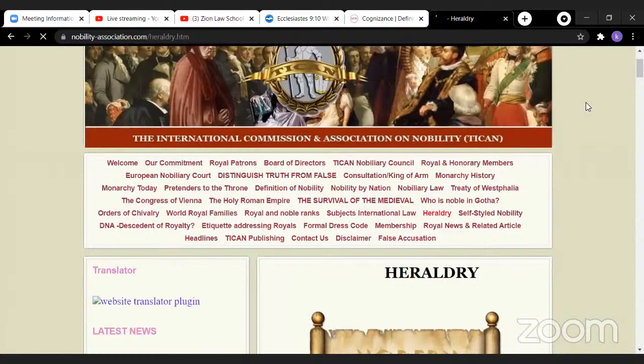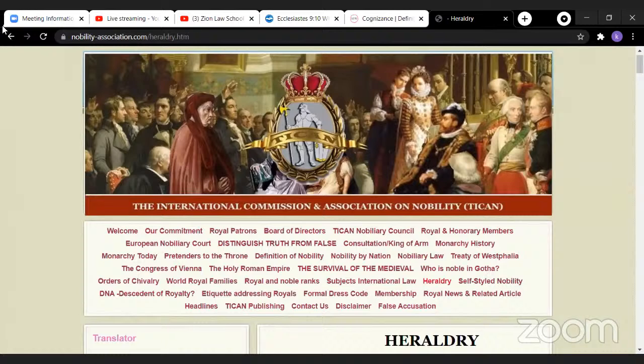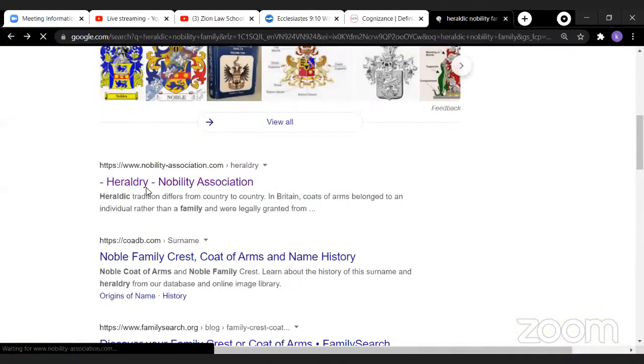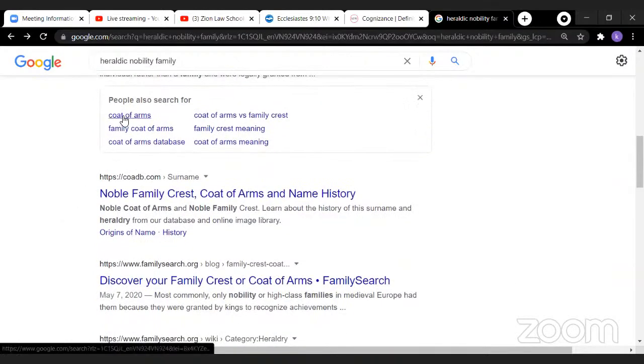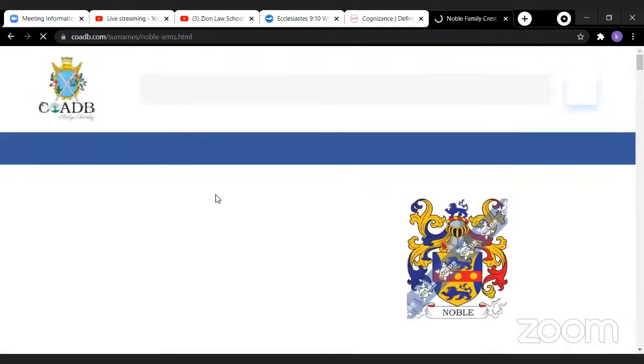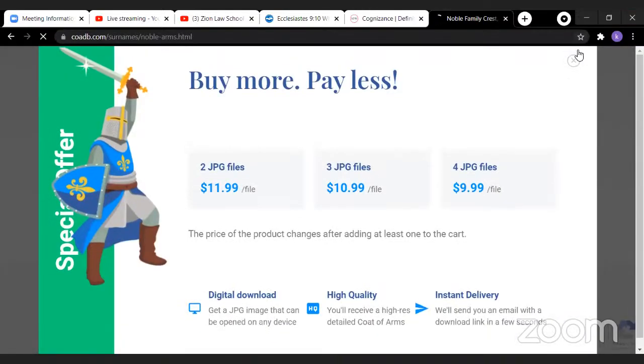Go back to the other one. Can you go back? Oh, what happened? Okay, which one? Let's go back to where you selected this one. Go back, yeah. Where they have the crests and the coats of arms and names in history. Let's look at that one. Right there. Yeah. So the Most High is remembering people by their families.